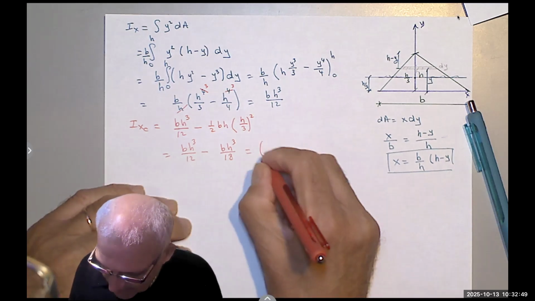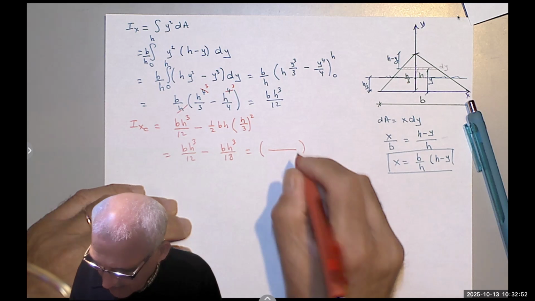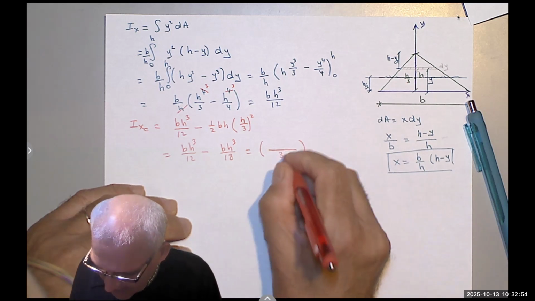So notice I'm going to take a common denominator. The LCM is 36.